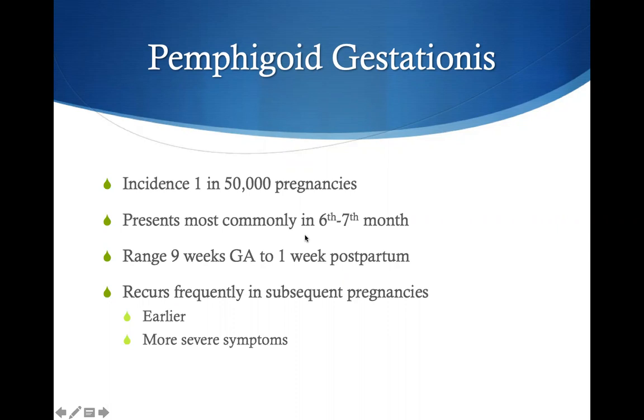It most commonly presents in the 6th and 7th month of pregnancy, though it does have a range from 9 weeks to 1 week postpartum. But really it seems to be right at about the beginning of the 3rd trimester. It does recur frequently in subsequent pregnancies, which makes it a little bit unique. And if it does recur, it has a tendency to start earlier and to have more severe symptoms.